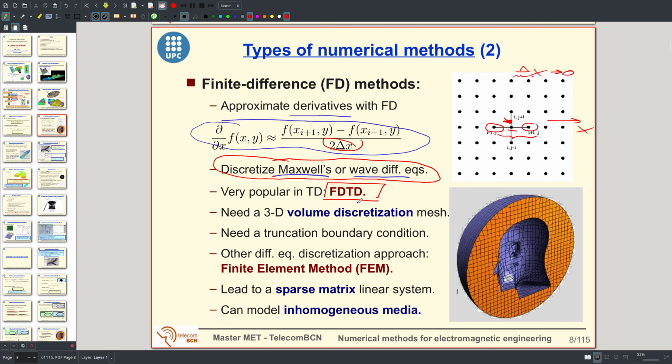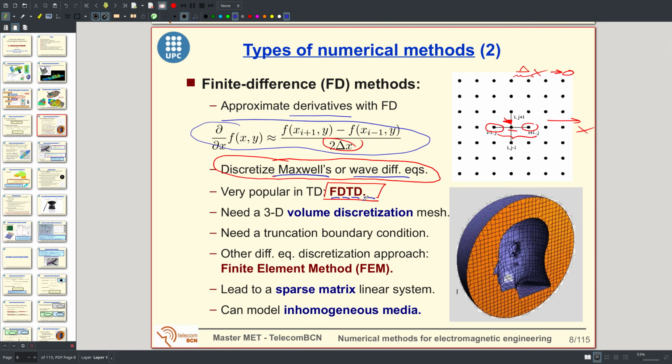But it's very commonly used in electromagnetics. It is a time domain method. FDTD stands for finite differences, so this is a finite difference method in time domain. FDTD, finite difference time domain. It is a very commonly used method in electromagnetics, because it was in fact one of the first methods, because it's quite easy to write a computer program.